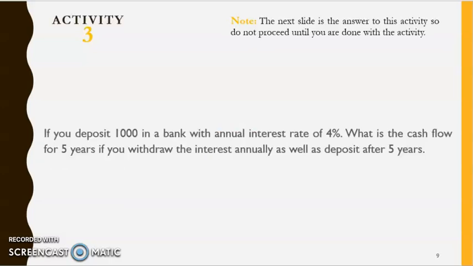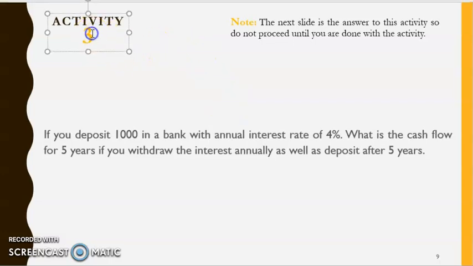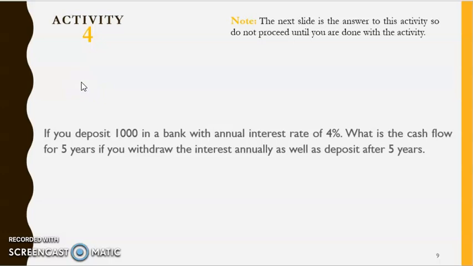Okay, now here we have a typo, activity 4. Okay, if you deposit $1,000 in a bank with annual interest rate of 4%, what is the cash flow for 5 years if you withdraw the interest annually as well as the deposit after 5 years?